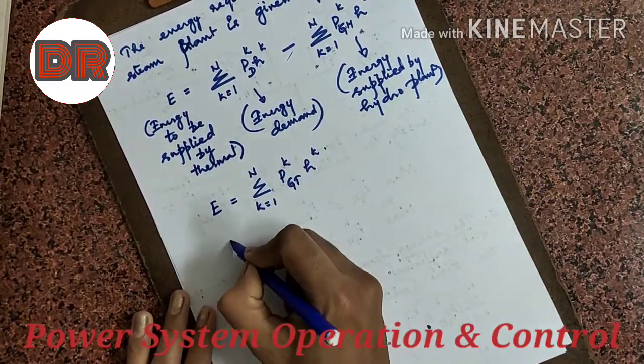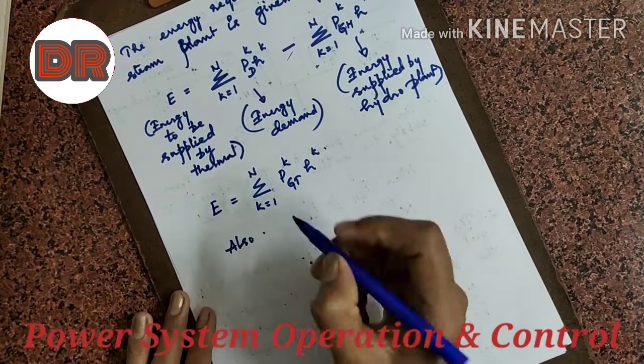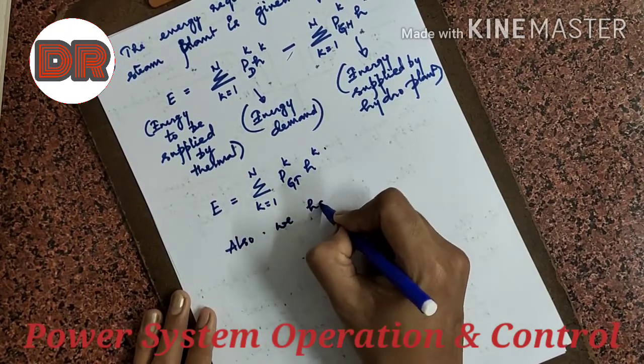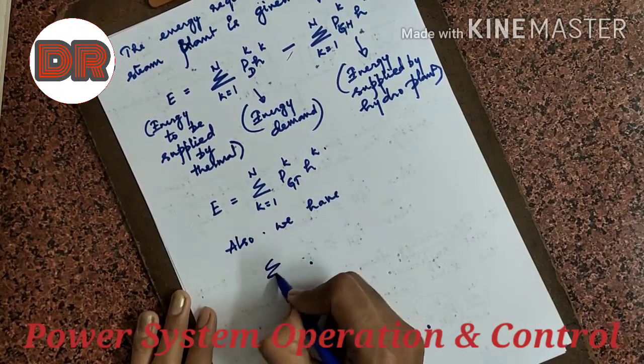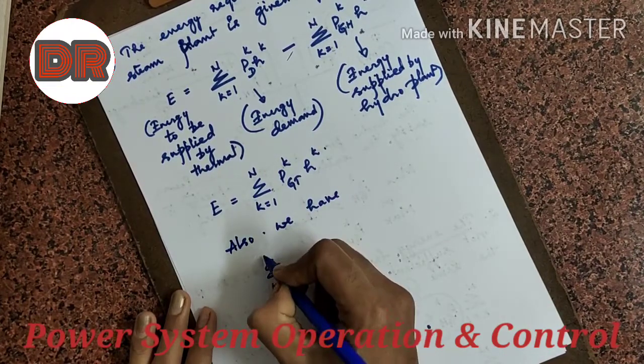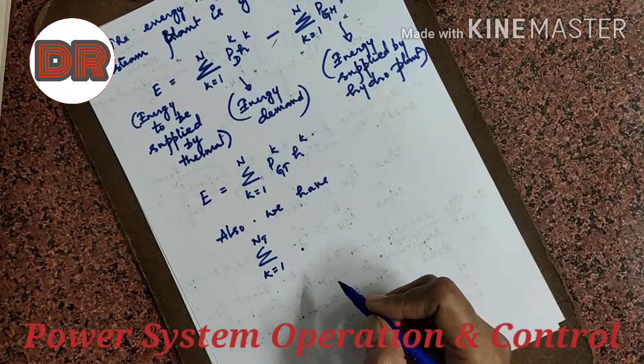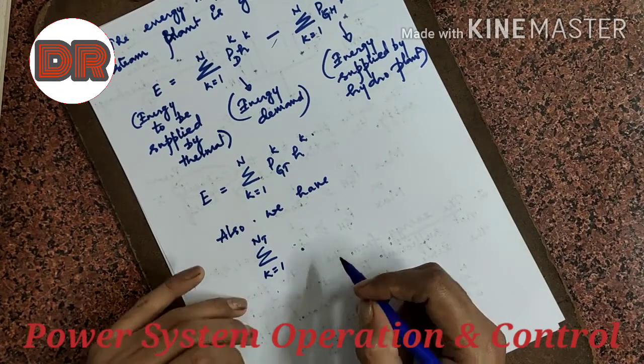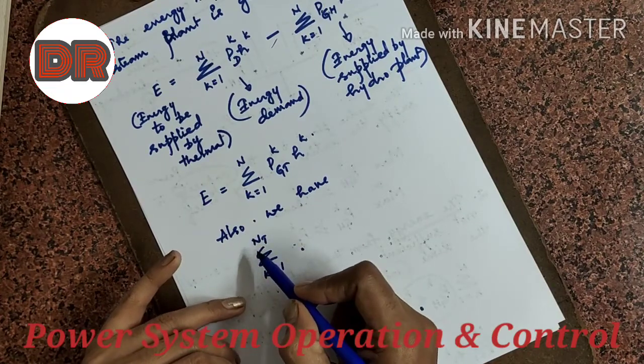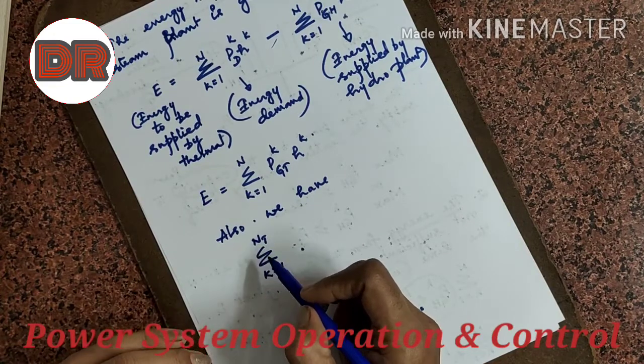So also we have summation K equal to 1 to NT. What is NT? NT is the number of time intervals for which thermal is on. We have seen in the previous video, that is the nomenclature.